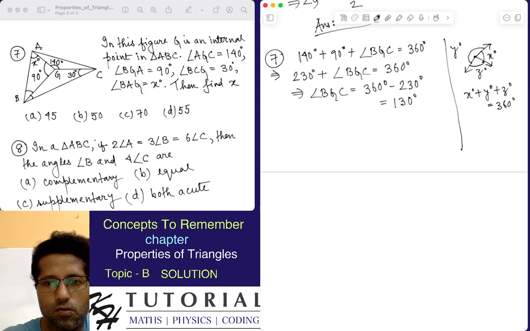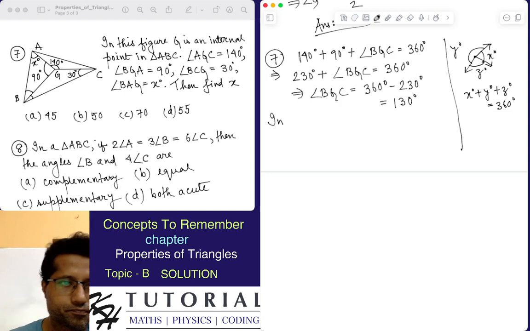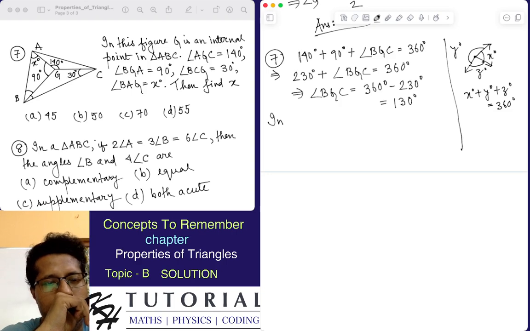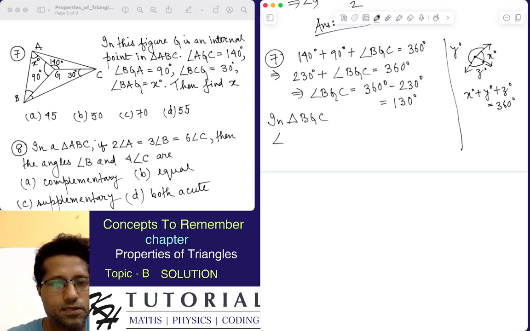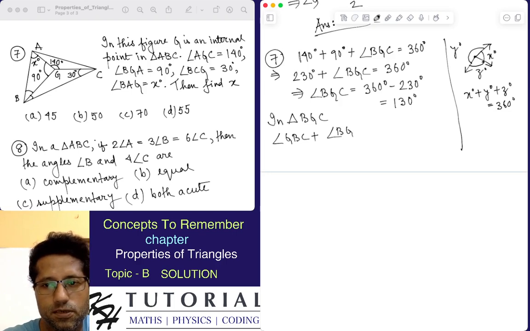Okay. Now in triangle BGC, we must have the sum of its angles equal to 180 degree, which means angle GBC plus angle BGC plus angle BCG is equal to 180 degree.